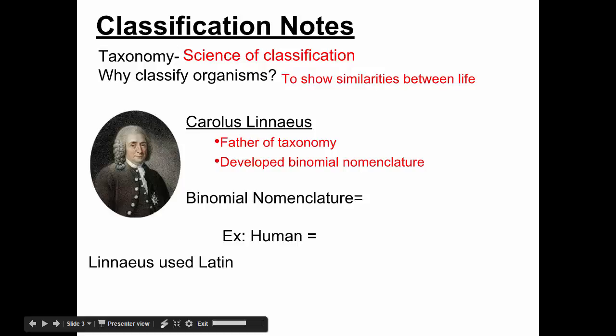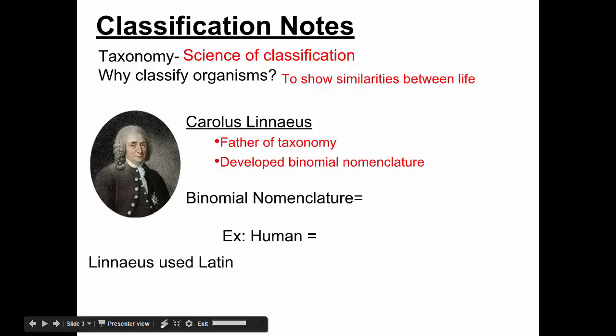And Carl Linnaeus came up with a system of giving all living organisms a unique name. We call that their scientific name. This system is called binomial nomenclature.